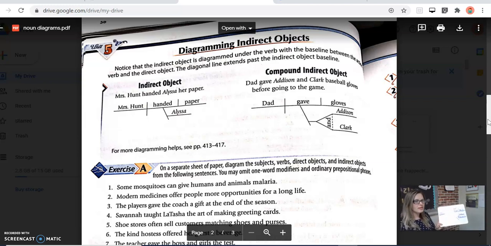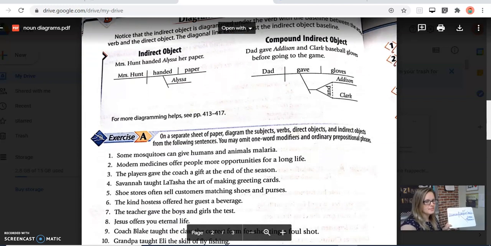Okay, so let's see another one. Number 5. I'd like to see you do number 5 and upload it to me as an example. Shoe stores often sell customers matching shoes and purses.